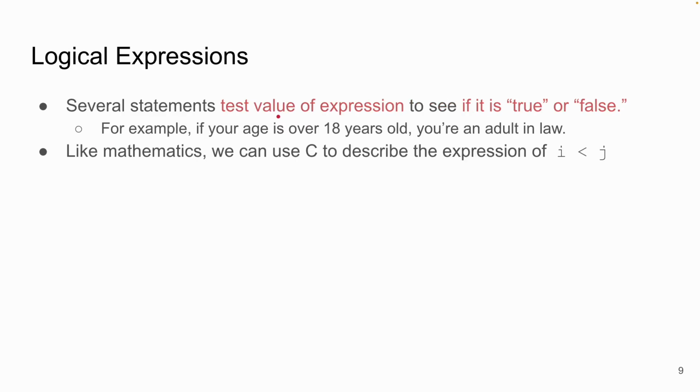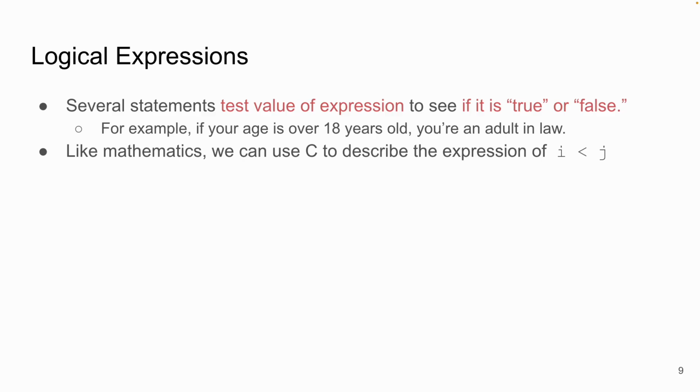Just like I said in the previous slide, to use selection statements, we need to know how to build logical expressions first. So what are logical expressions? A lot of statements will require us to test the value of an expression to see if the value is true or false.